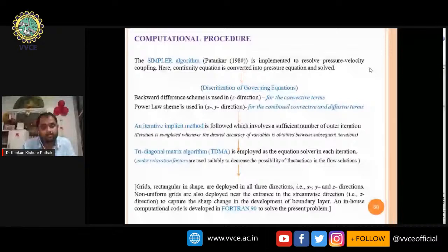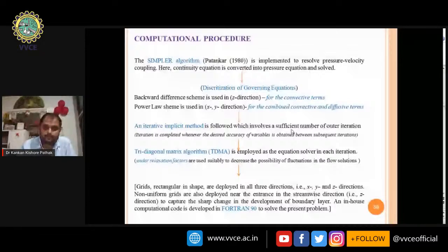The method is followed with a sufficient number of iterations, and is completed whenever the desired accuracy of the variables is obtained between subsequent iterations. The tri-diagonal matrix algorithm is employed as the equation solver in each iteration, and the under-relaxation factors are used suitably to decrease the possibility of fluctuation in the flow solution.